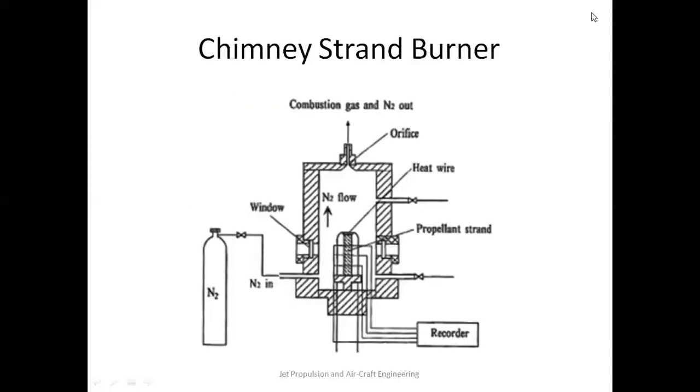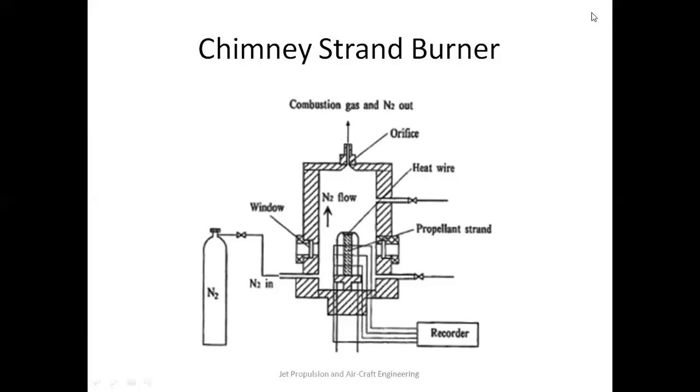Then the next one is the chimney strand burner. It is also an optical technique to measure the burning rate of a propellant strand. In this method, a strand burner with a gas flow system, called a chimney type strand burner, is used.